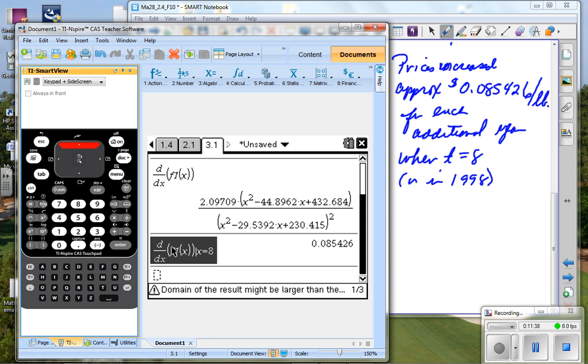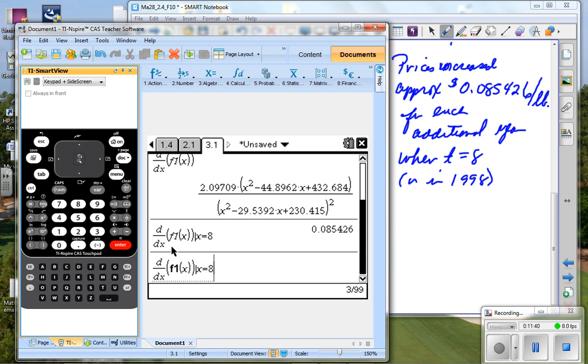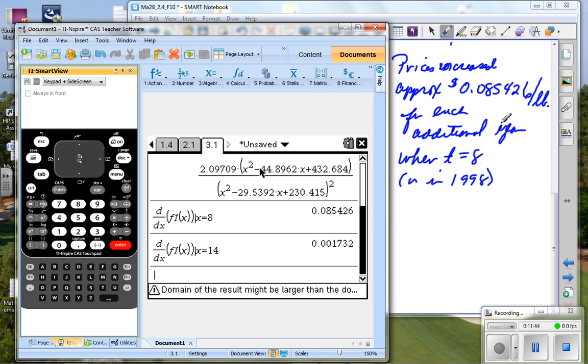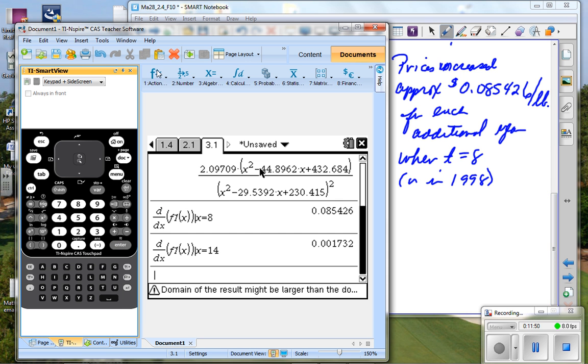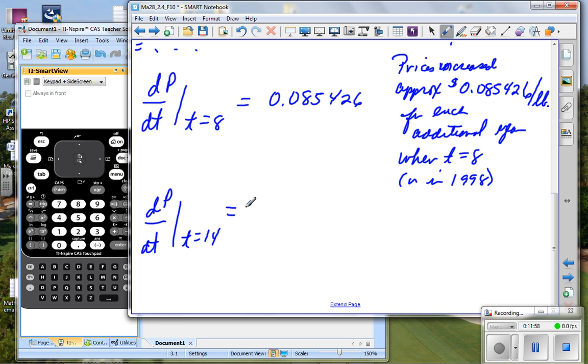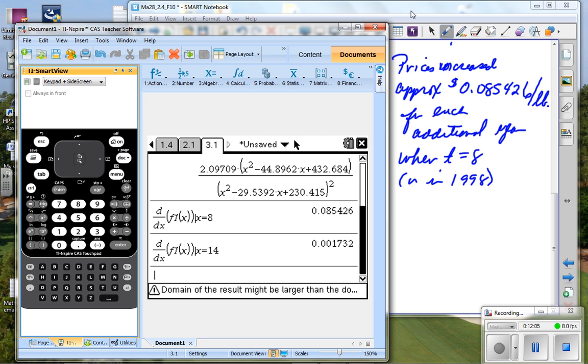We'll just jump up and grab that again, change that value to 14, and we see then that the prices per pound were still increasing, but they weren't increasing as fast. And so it's 0.01732.